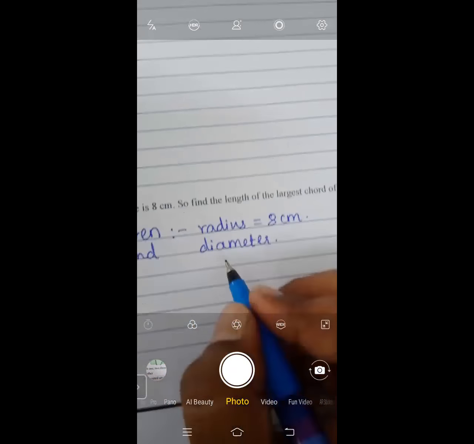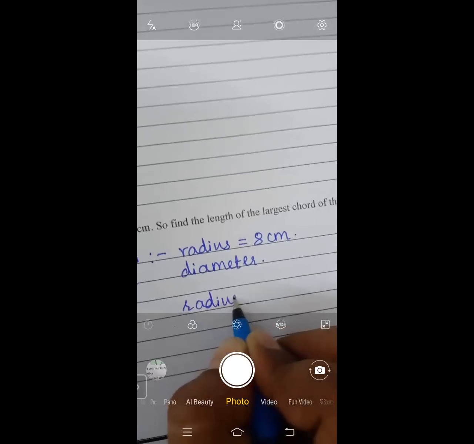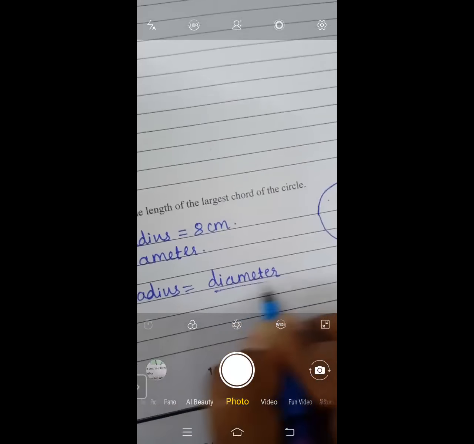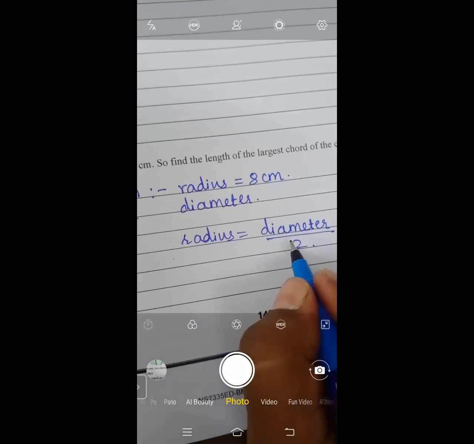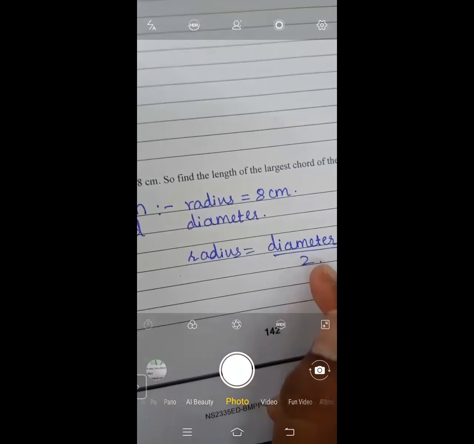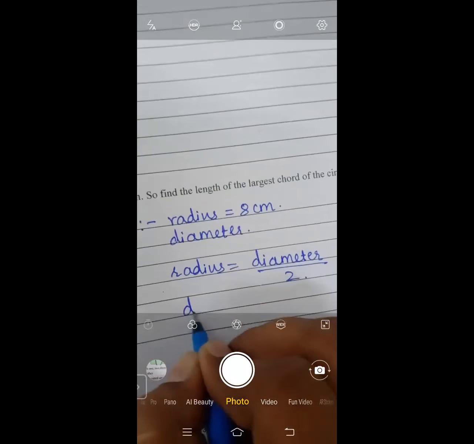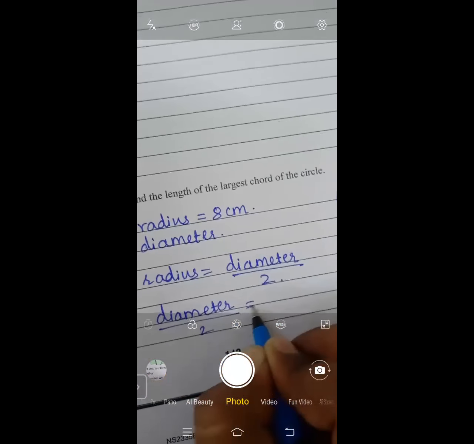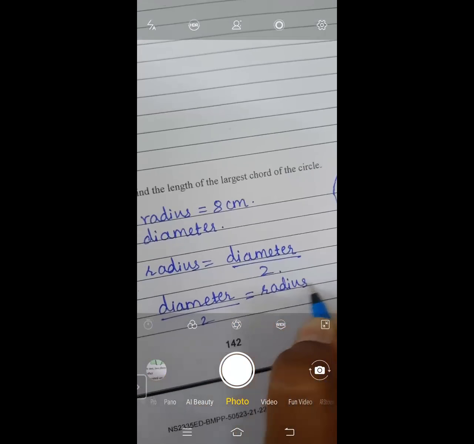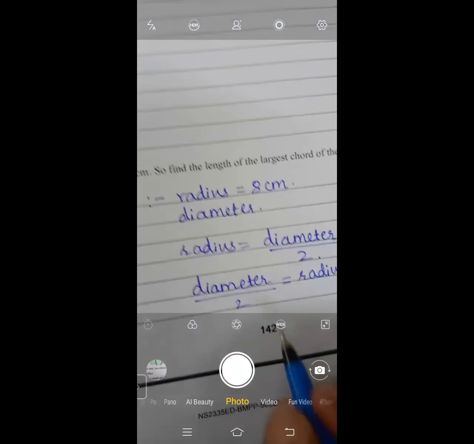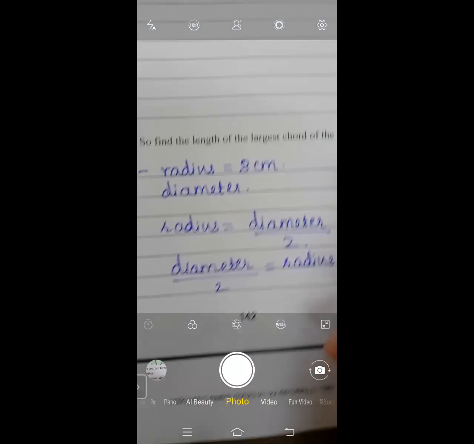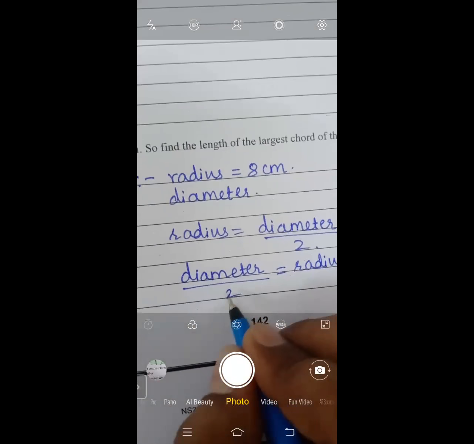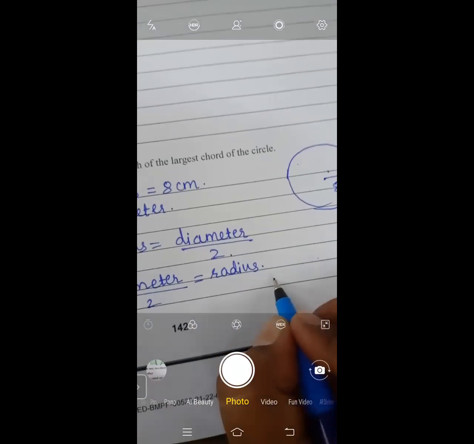I will write the same formula and show you. We write all the unknown things on the left side, so if you want, change the sides. As I have to find the diameter, I have taken the diameter on the left hand side. This is divided by 2; when it goes to the other side, it will become multiplied by 2.